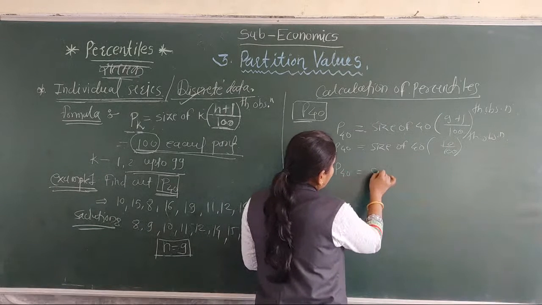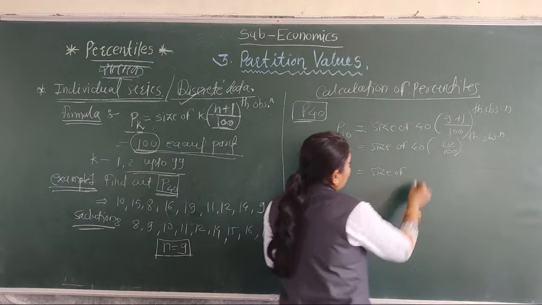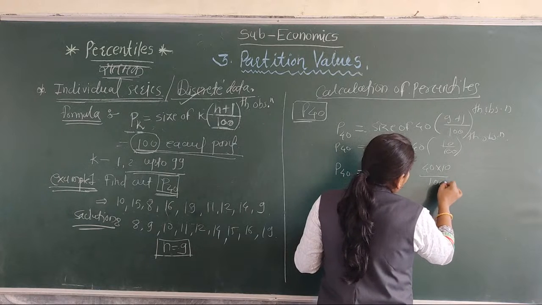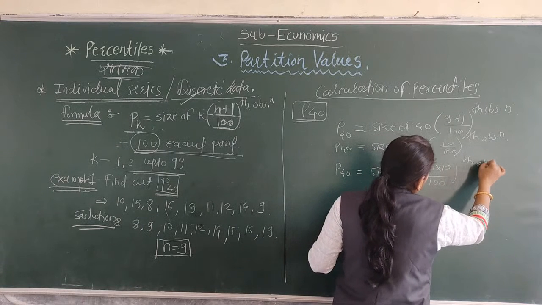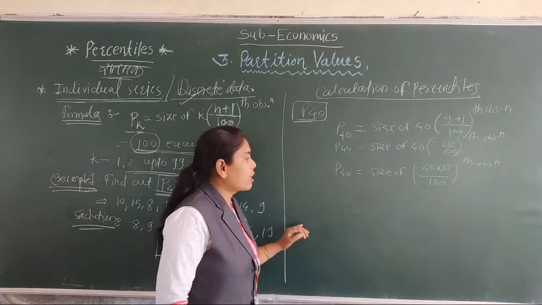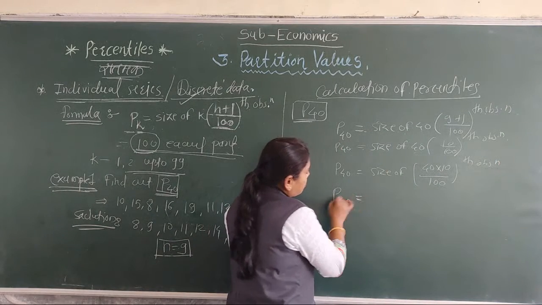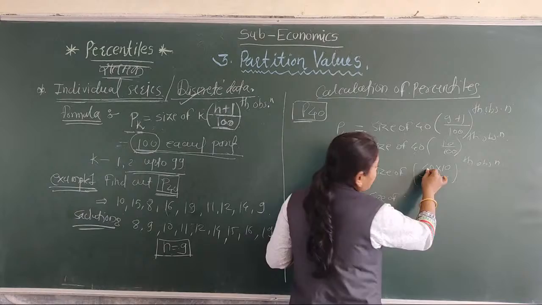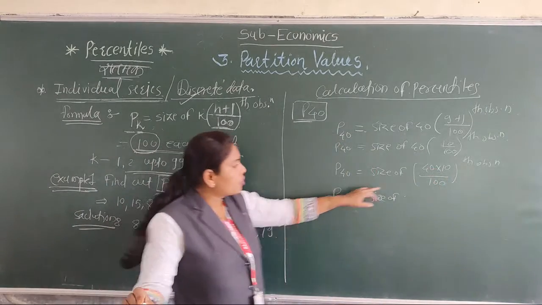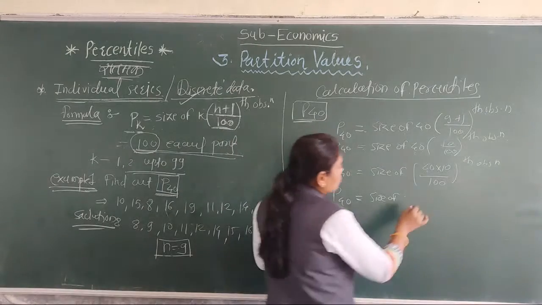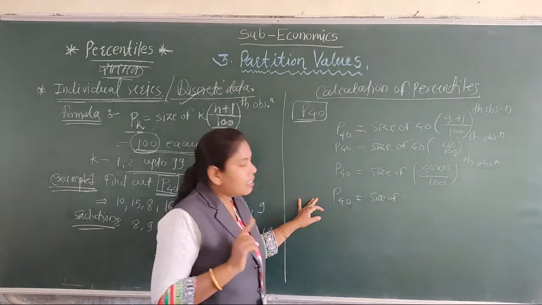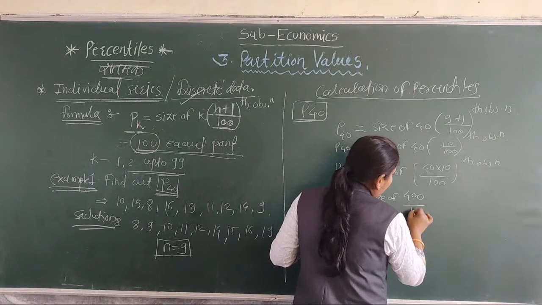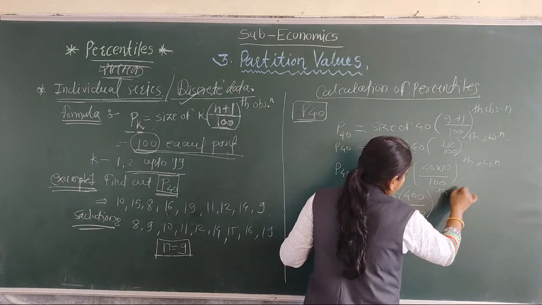P40 is equal to size of 40 multiplied by 10, which is 400, divided by 100 observation.